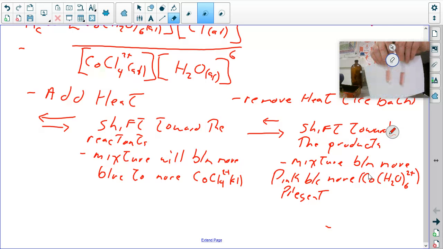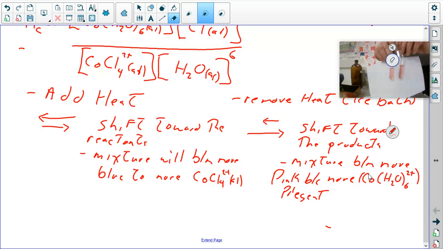Now, the problem with this one is it's not as drastic as that blue one was. If I put these right next to each other, even my male eyes can see there's a lot more blue in the one on the left-hand side than there is in the mixture on the right-hand side.